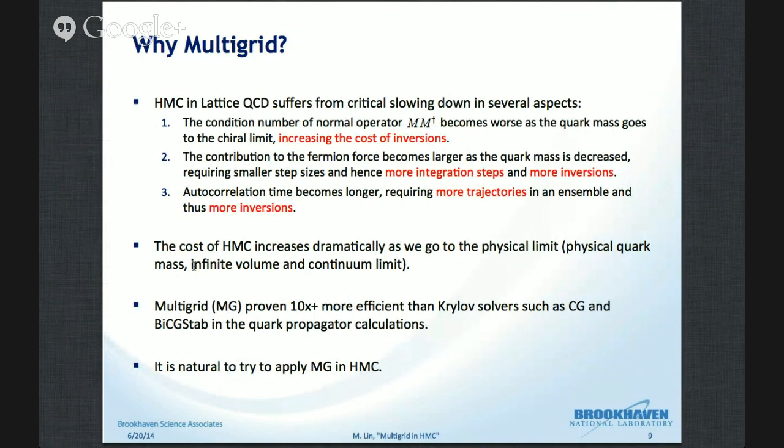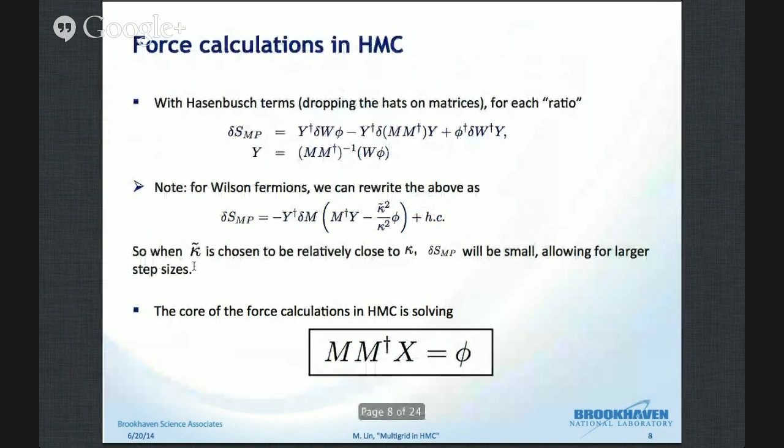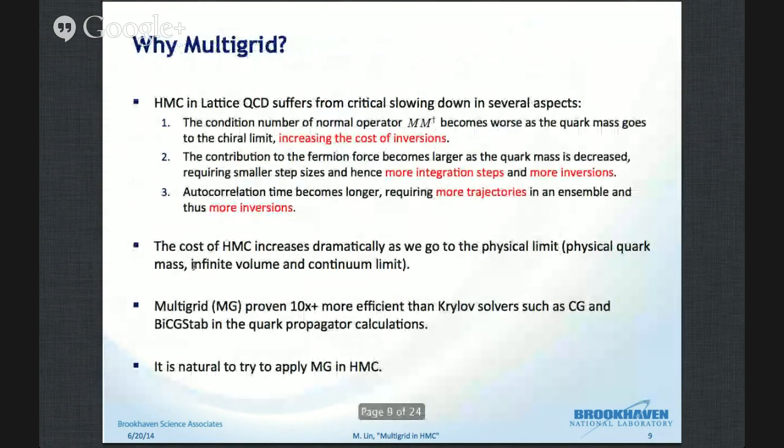The first one is basically the same for HMC or just the quark propagator calculations. The condition number of this operator becomes worse as we decrease the quark masses. And the computational cost of the inversions for the force term here will increase dramatically.